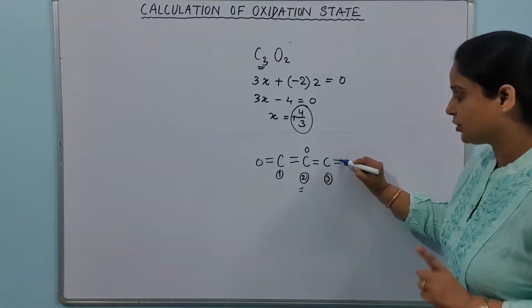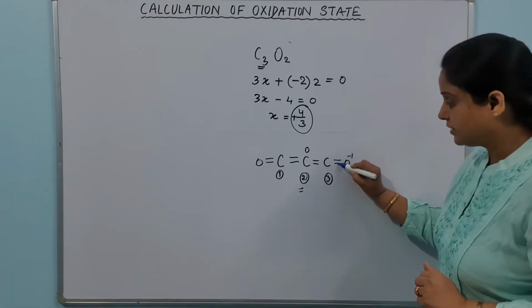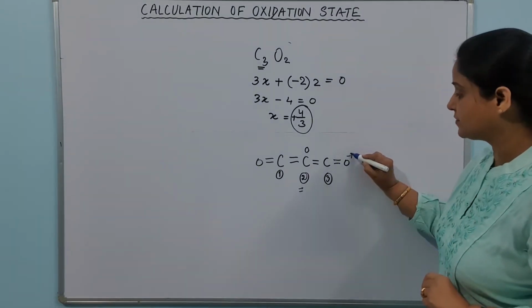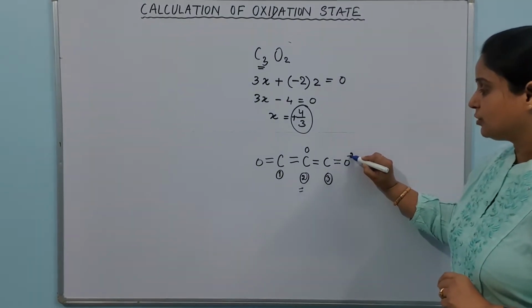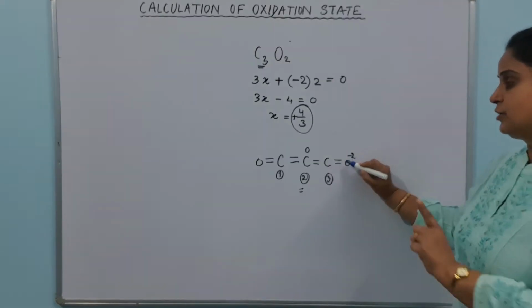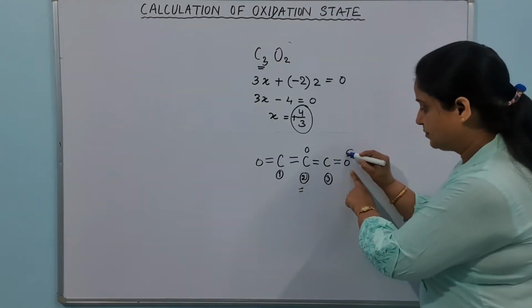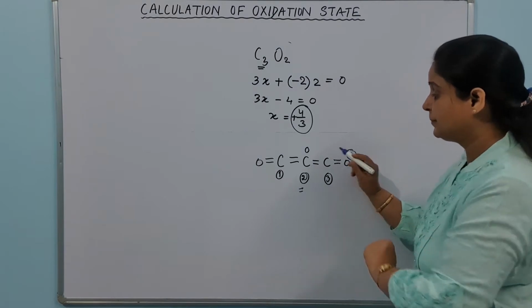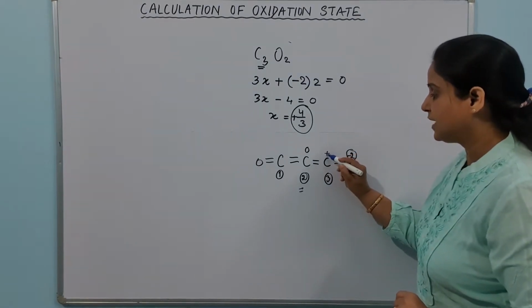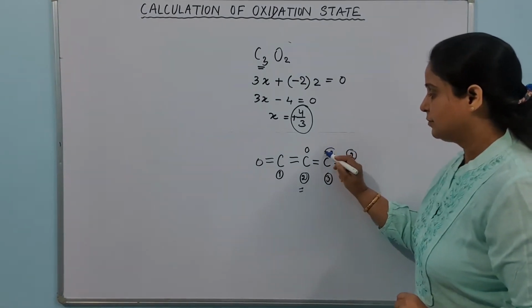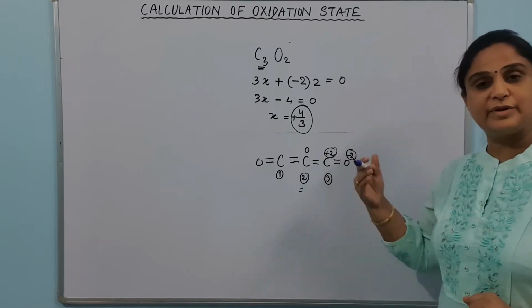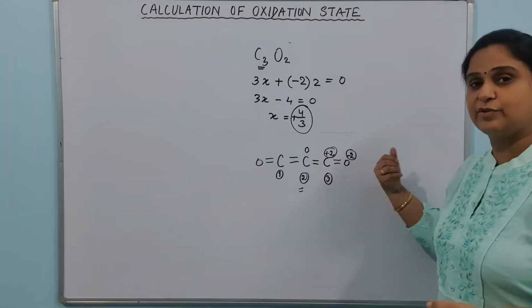One bond minus 1, another bond minus 1. So 1 plus 1, 2. So 2 electrons are being pulled towards the oxygen. That means there is -2 charge on this oxygen and definitely it might be creating +2 charge on this carbon because the electrons are being pulled from this side.